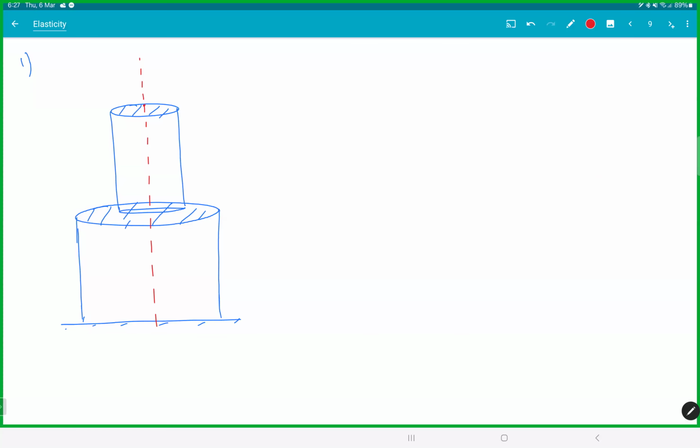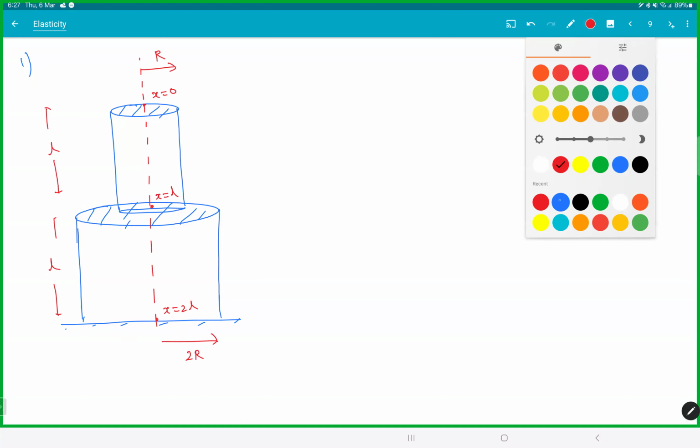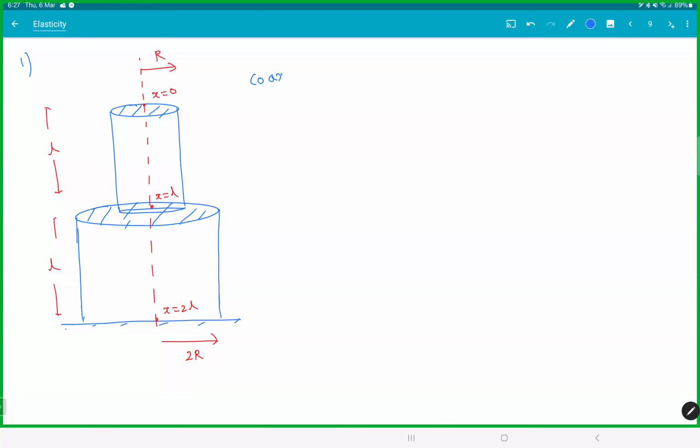They're coaxial. So this point is x equal to 0, this point is x equal to L, and this point is x equal to 2L. So each cylindrical length is L. This radius is R, this radius is 2R. These are coaxial, meaning common axis, solid cylinders of density rho. So they're stacked one on another.